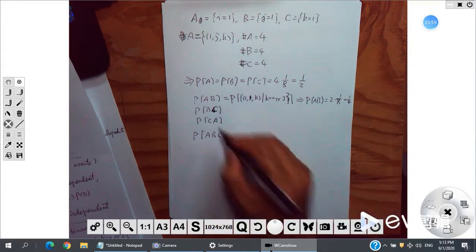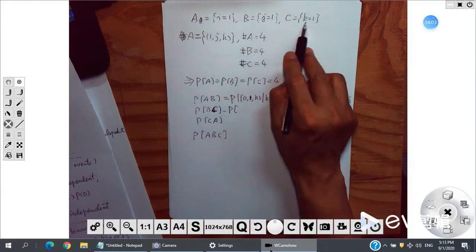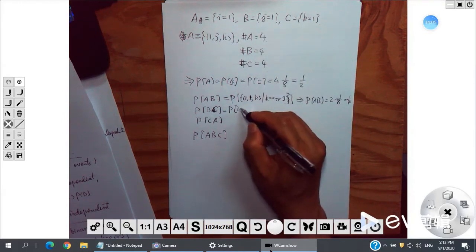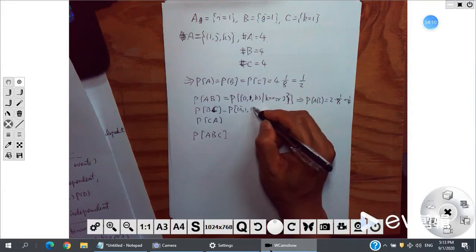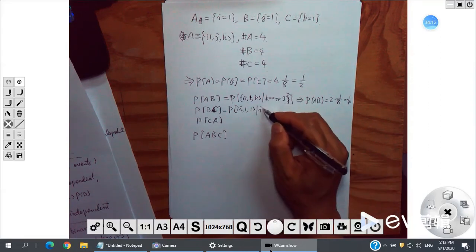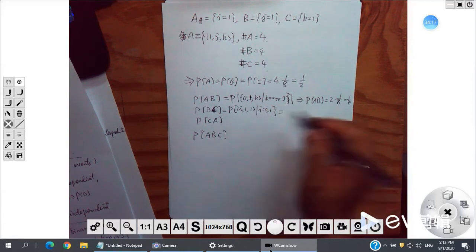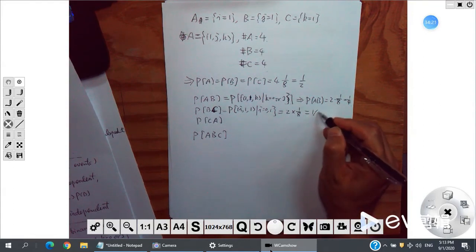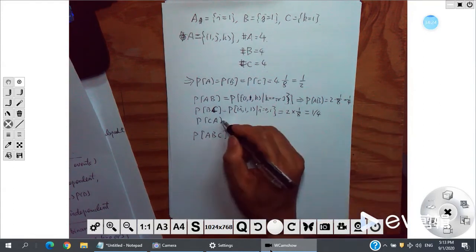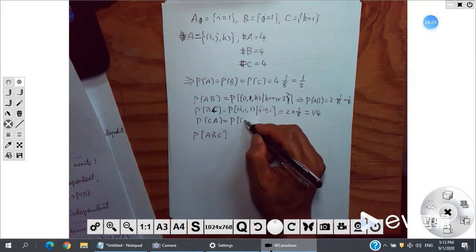And similarly, BC, B is J equal to 1, C is K equal to 1. So this time we have a different I. You can choose different I, but J is 1, K is 1. Right? Now I could be 0 or 1. And we have 2 elements, so this is 2 times 1 over 8. We have 1 over 4 again. Alright, and CA, now I have A, so the first one should be 1.